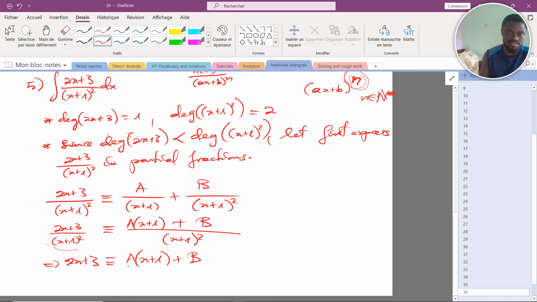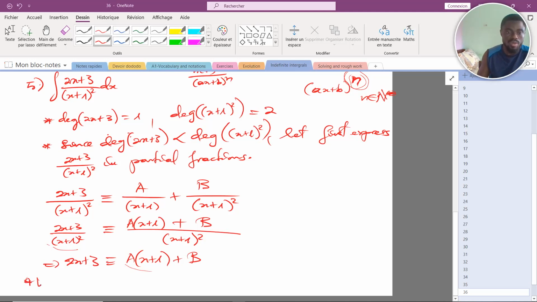The second approach is that I can easily deduce the value of B, then substitute that B and deduce the value of A. I know that if x here is equal to -1, all of this becomes 0, and B will be identical to the corresponding answer when I substitute -1 here. So that's how I will proceed.